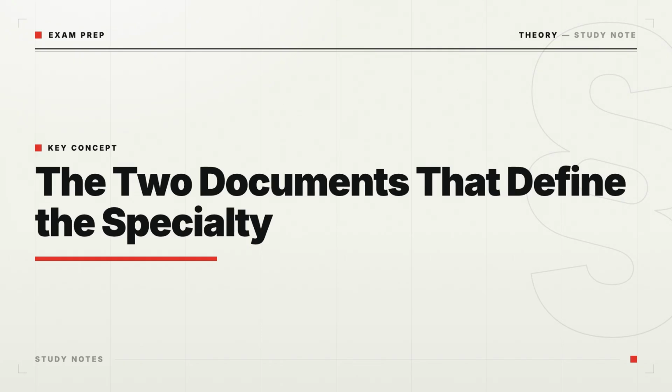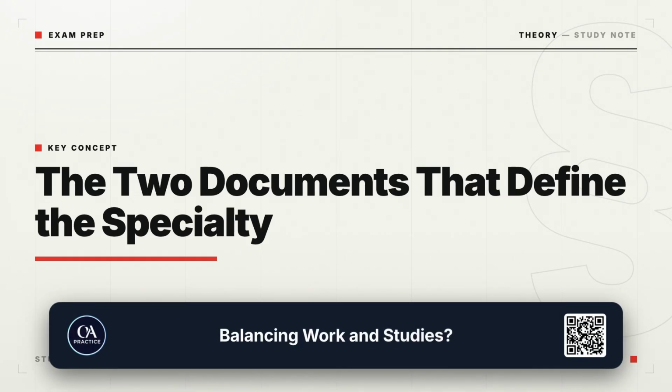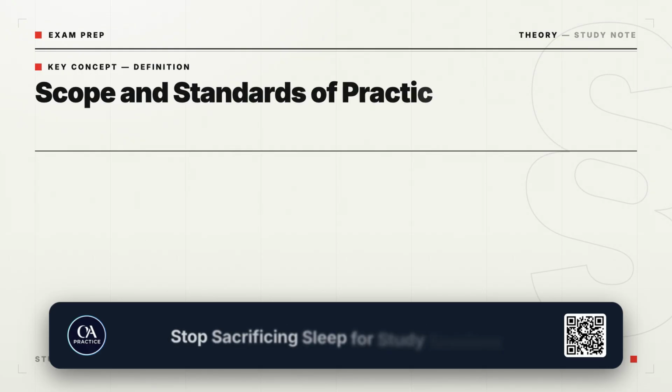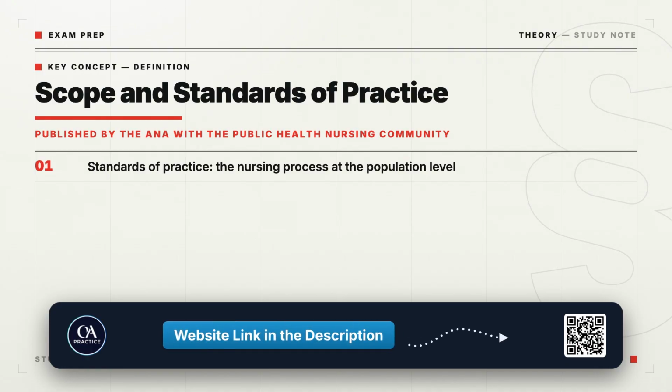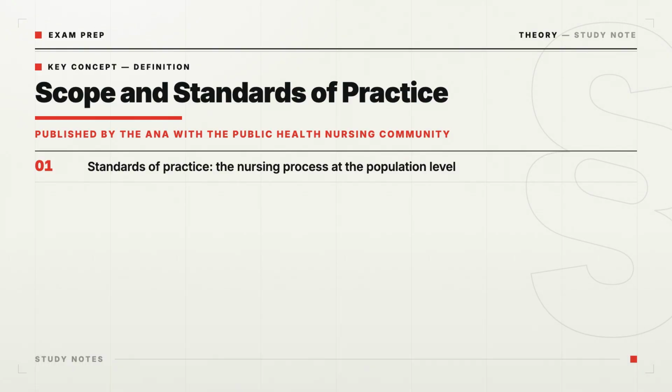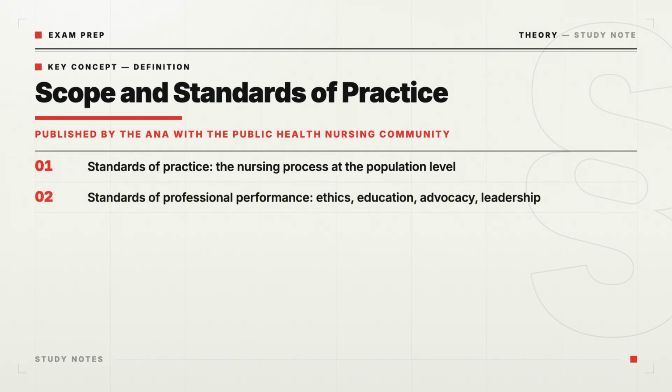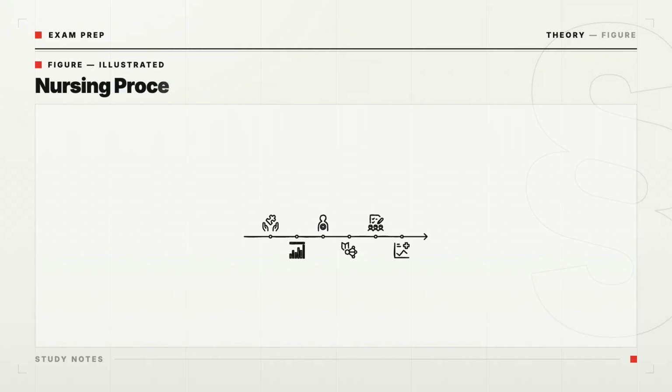Public and community health nursing rests on 2 formal documents, and knowing what each contains is the real content here. The first document is Public Health Nursing, Scope and Standards of Practice. It splits professional expectations into 2 sets, Standards of Practice, which track the nursing process applied to populations, and Standards of Professional Performance covering ethics, education, evidence-based practice, communication, leadership, collaboration, and advocacy.